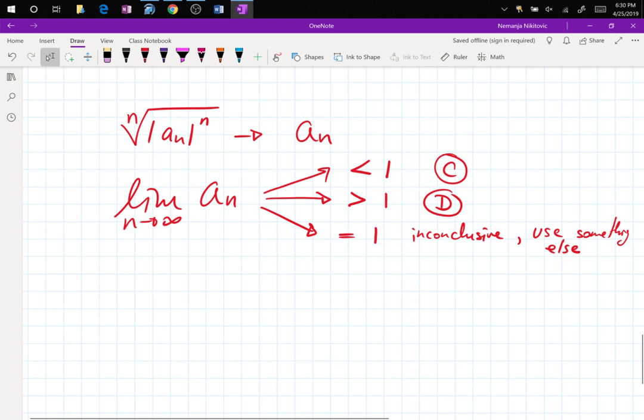If it has the overall exponent of k or n or whatever it is, the nth root is going to kill it. Yay, right? If you have like number 13 over here, one is a square and the other one is k, that's not a root test because the kth root is not going to kill the square. So that's a ratio.